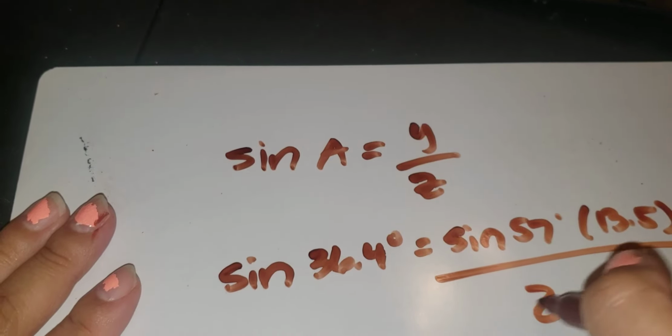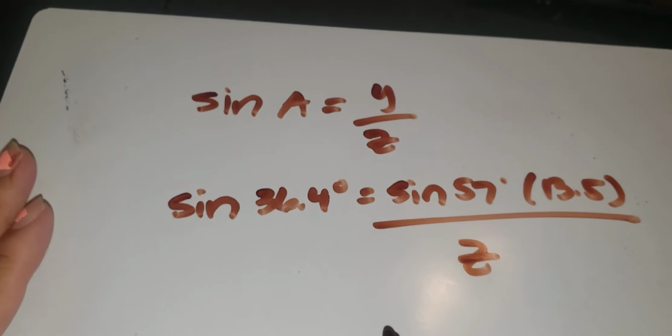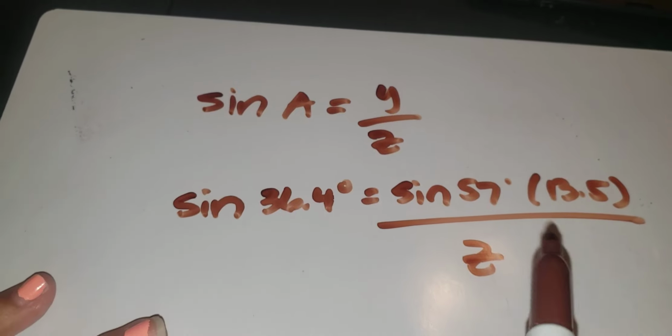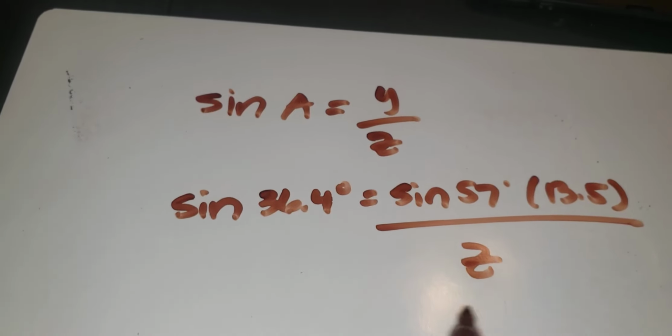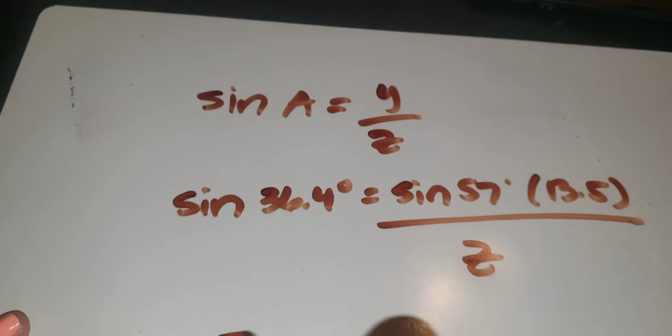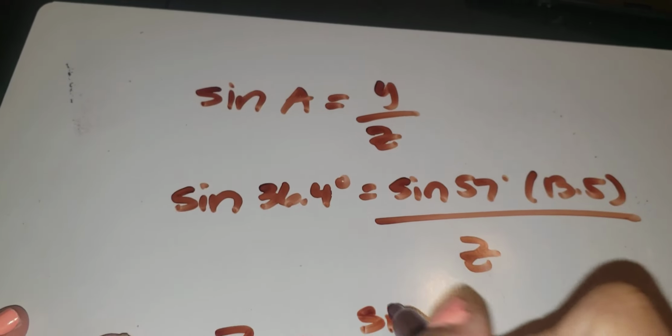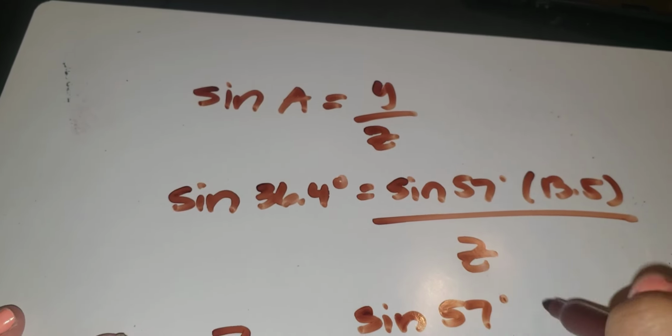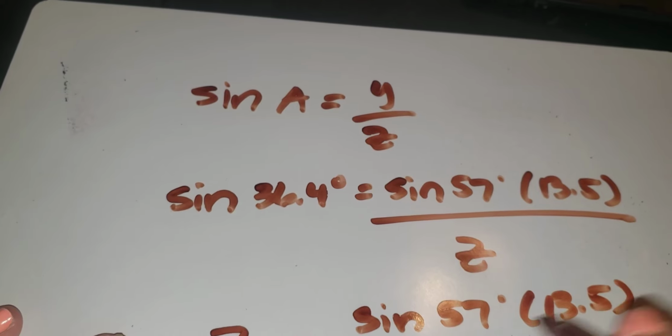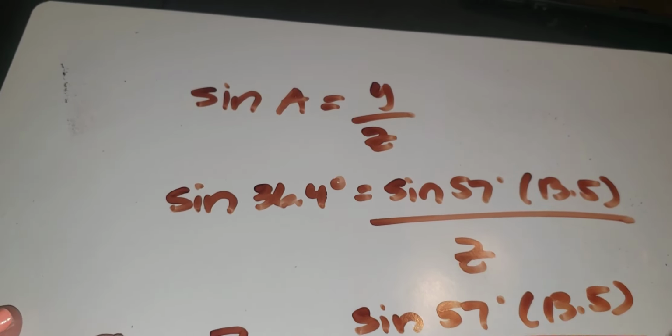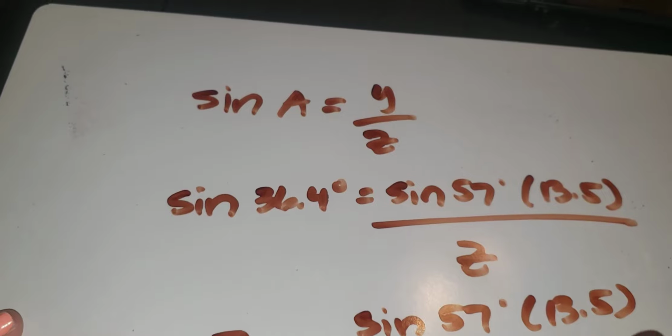And Z is our unknown. See, we needed to have an unknown, and that's when I realized I knew everything. So cross multiply, solve for Z, and you'll end up with Z equals sine of 57 degrees times 13.5 over sine of 36.4 degrees.